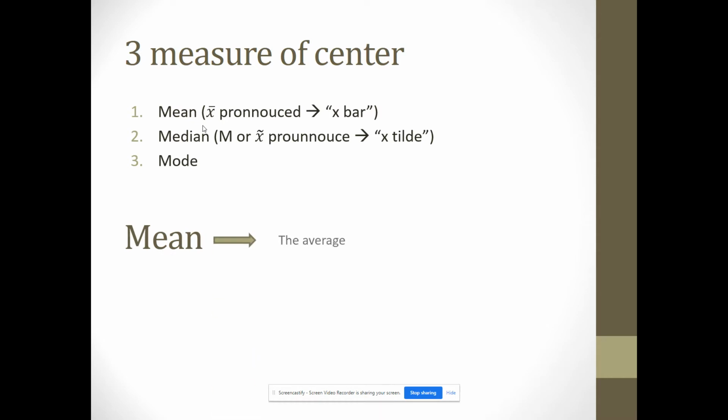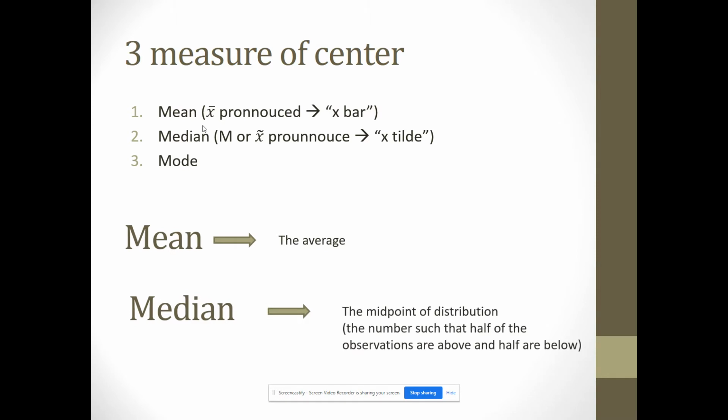The mean is the same thing as the average. The median is the midpoint, the number such that half the observations are above and half are below. So it's the 50% point.